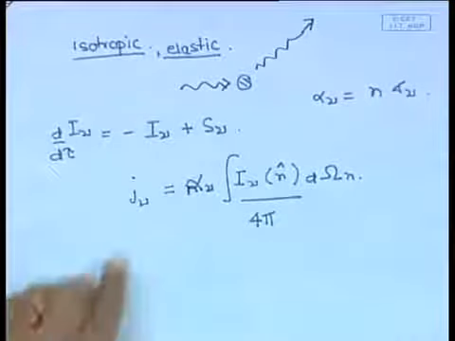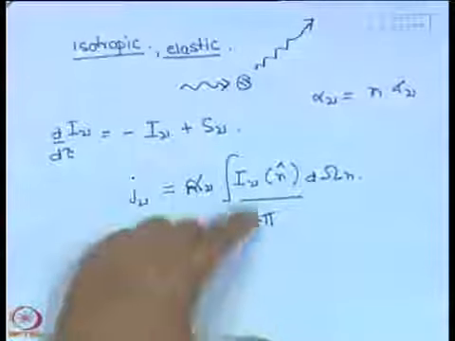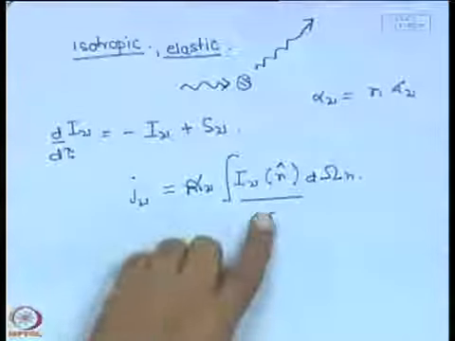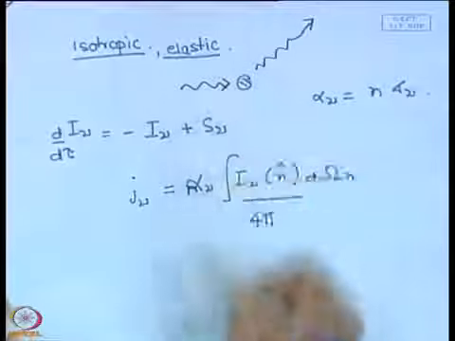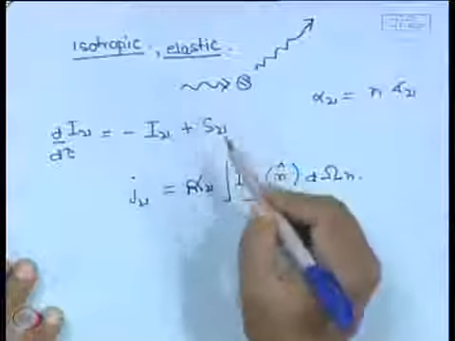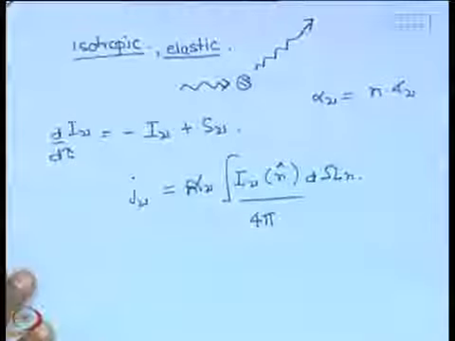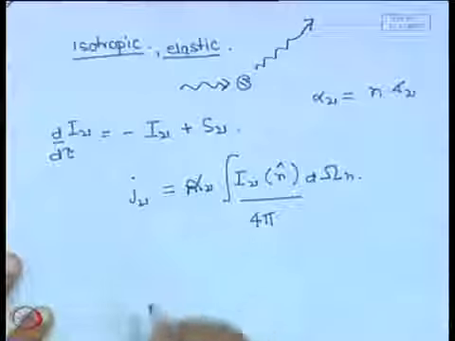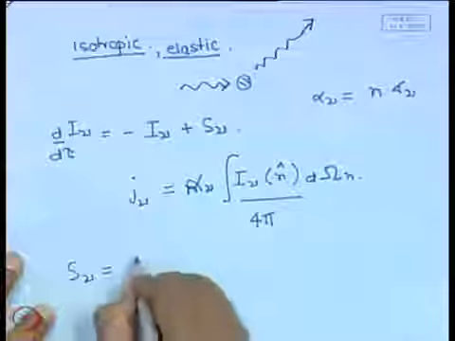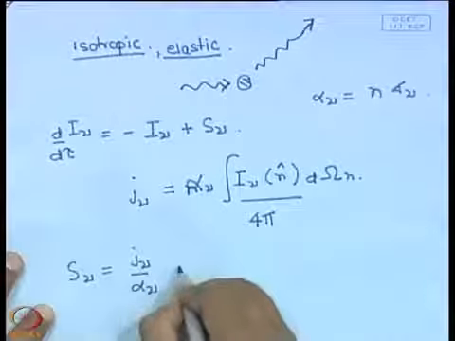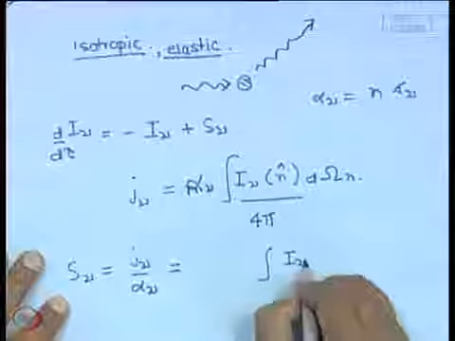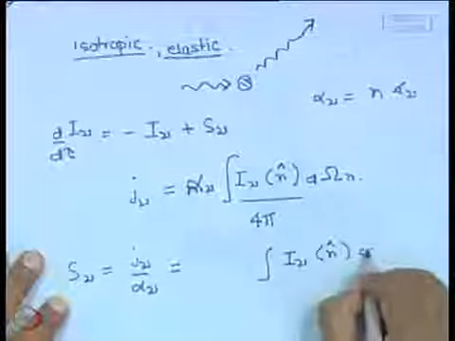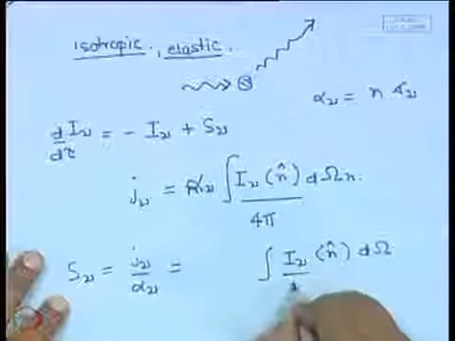So, the emission coefficient is the absorption coefficient into just this factor. The radiation that is incident gets scattered into different directions, that is all. So, the emission coefficient and the absorption coefficient are related like this. The incident radiation from all directions, you average over that, and then it gets randomly distributed over 4 pi. So, from here it is clear that the source function, which is J nu by alpha nu, is equal to the integral of I nu by 4 pi.